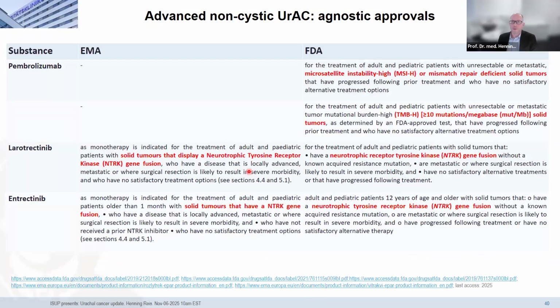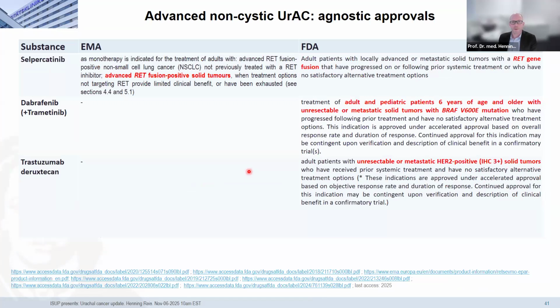Coming to targeted therapy, we now have a lot of agnostic approvals. This is just an example of what's there in the US and also in Europe. We have the FDA approval of pembrolizumab for MSI-high tumors and TMB-high tumors. We have larotrectinib and entrectinib in both world regions for NTRK-fused solid tumors.